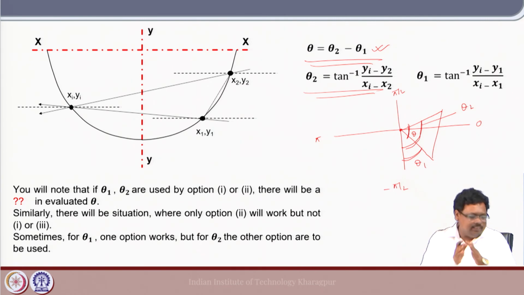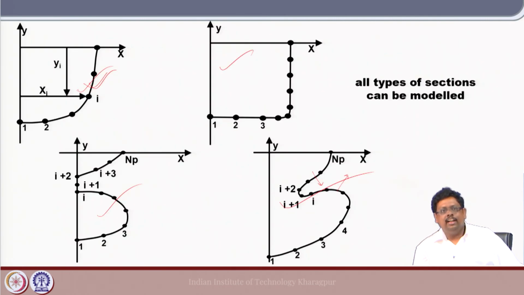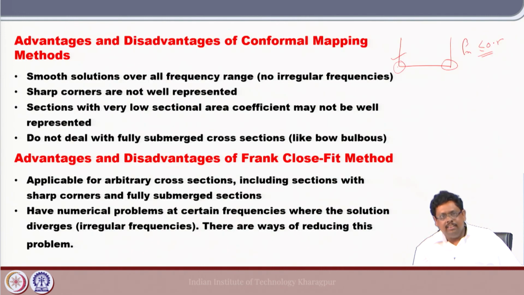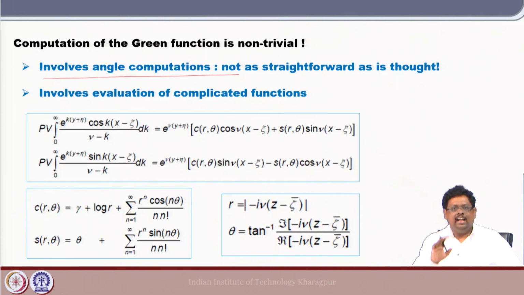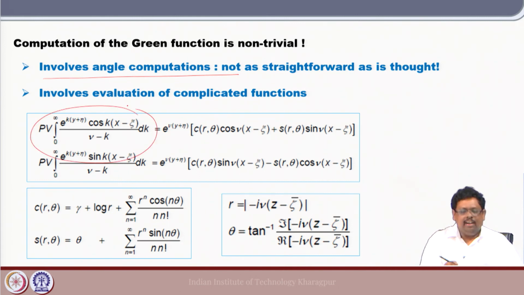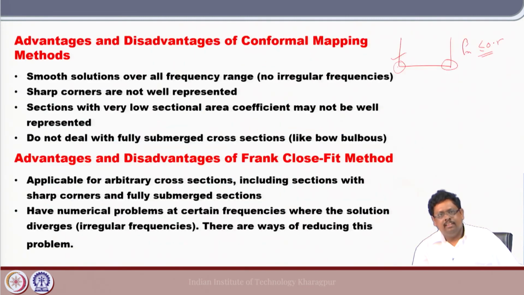Once you find out this theta, and figure out the algorithm to get the values of C r theta and S r theta, you can efficiently find out the value of this complicated PV term, and then you are done with your Frank-Lewis speed method.